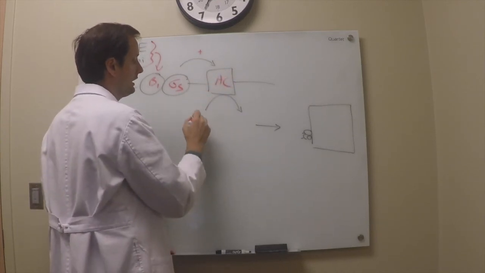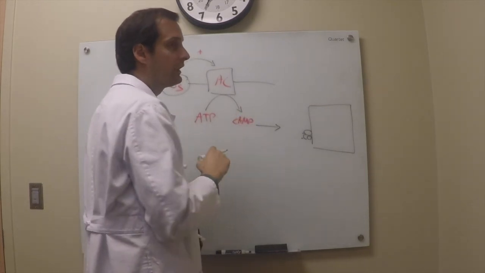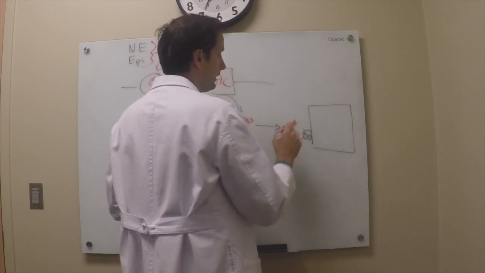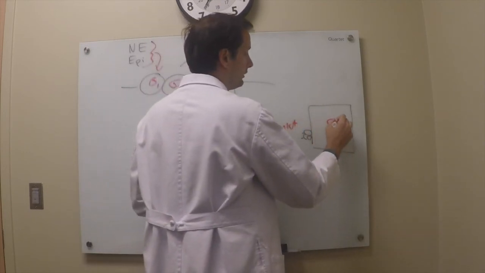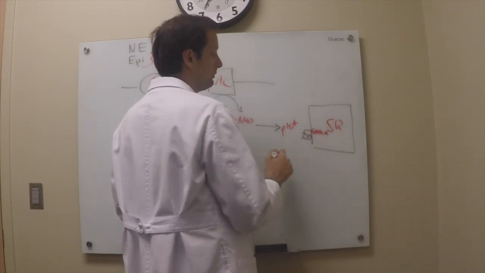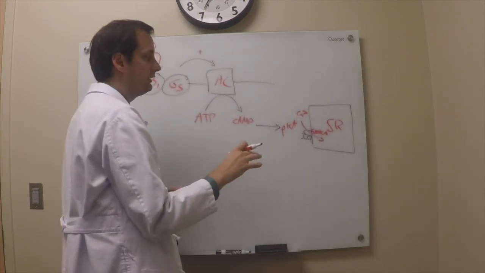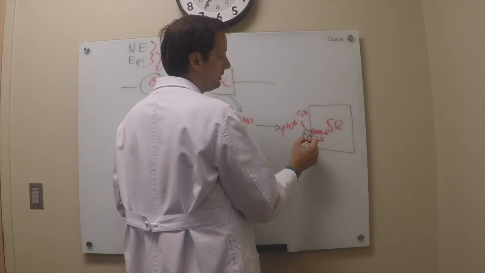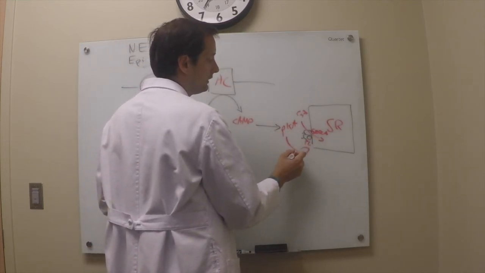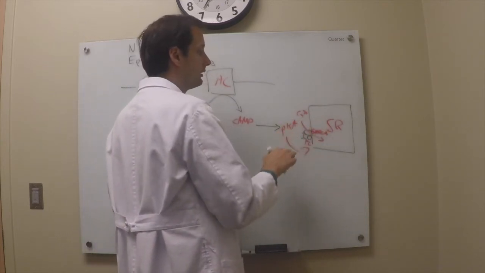Adenyl cyclase will take ATP and change it to cyclic AMP, and again cyclic AMP is going to make our protein kinase A. And now normally in our sarcoplasmic reticulum, our SERCA pump, which is an ATP dependent pump that allows calcium to go into the sarcoplasmic reticulum at the end of contraction, normally this is inhibited by phospholamban. Protein kinase A is going to inhibit that inhibitory effect such that the SERCA pump can work better.